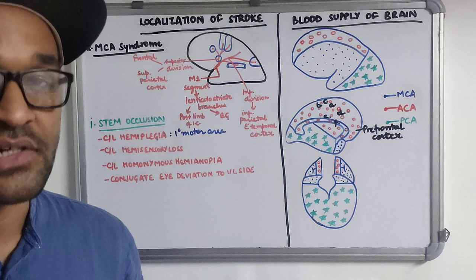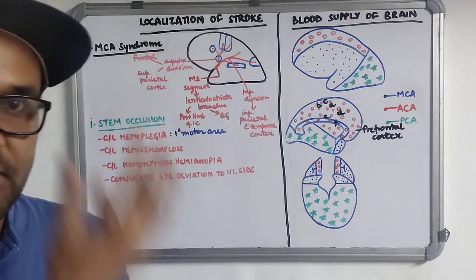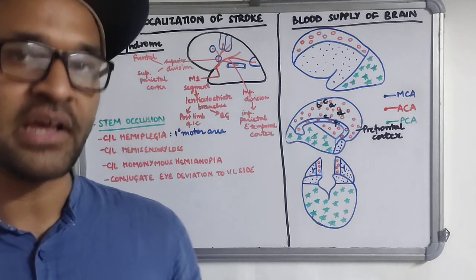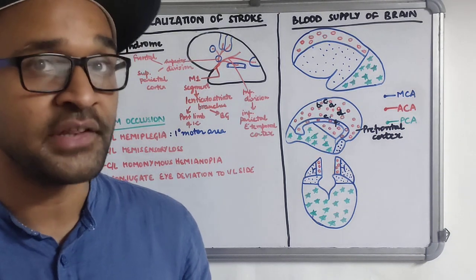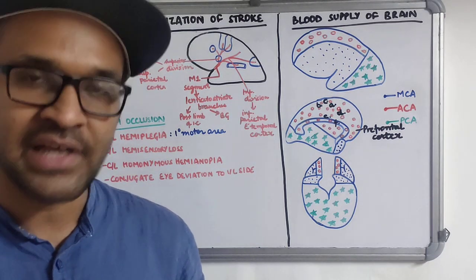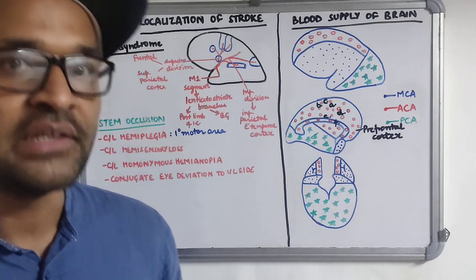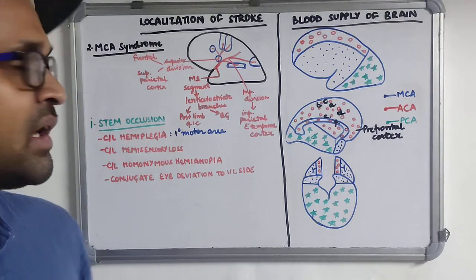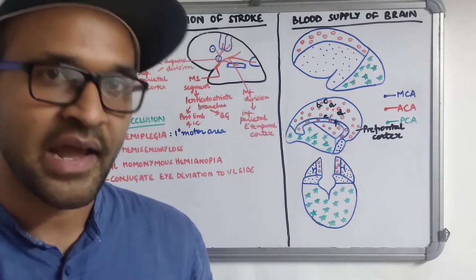But how does the leg become involved? Because it also supplies the descending fibers from the leg area which join the corona radiata. So due to involvement of the primary motor area for face and arm and the descending fibers from the leg area, there occurs complete contralateral hemiplegia of face, arm and leg.